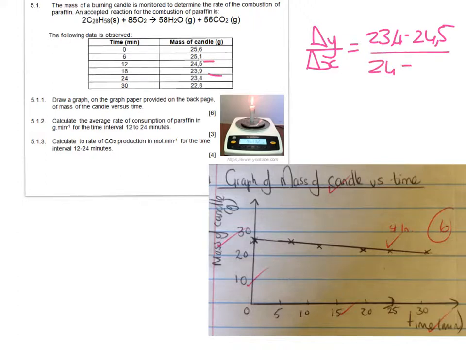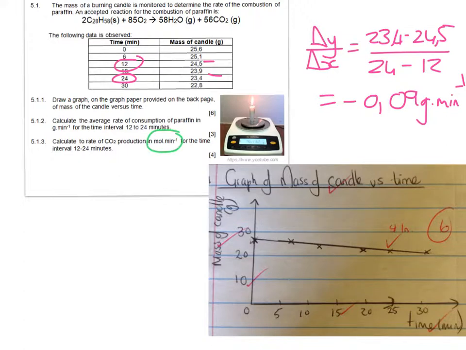I could have got those points off the graph as well, but I didn't, and I get negative 0,09 grams per min. I did not make a big deal about the negative, but actually you need to show that it's decreasing by 0,09 grams per minute.